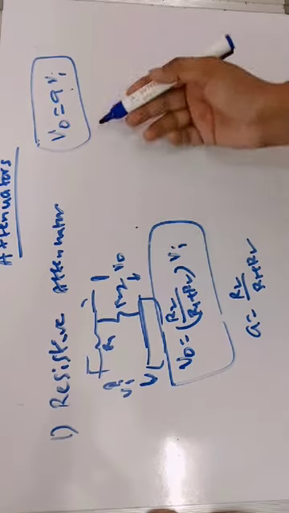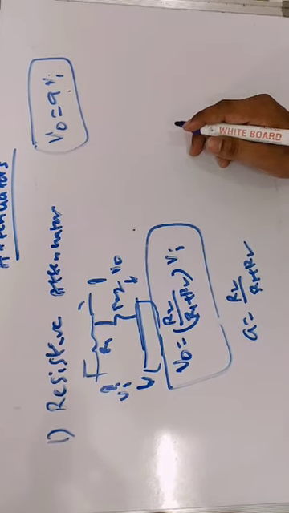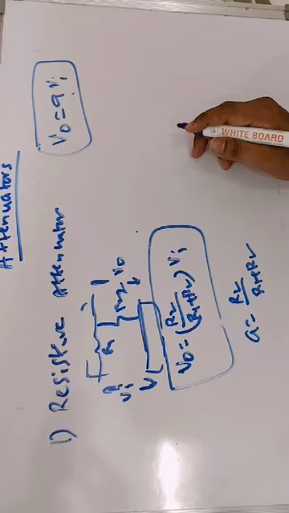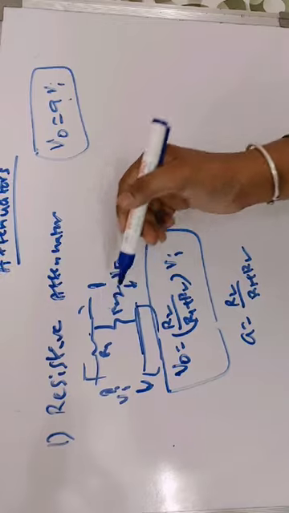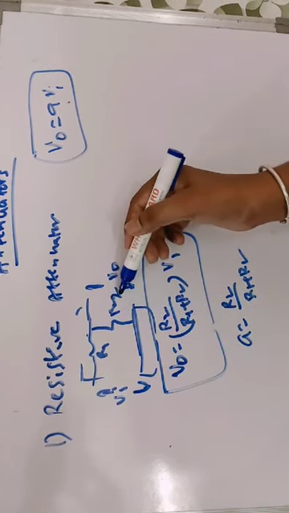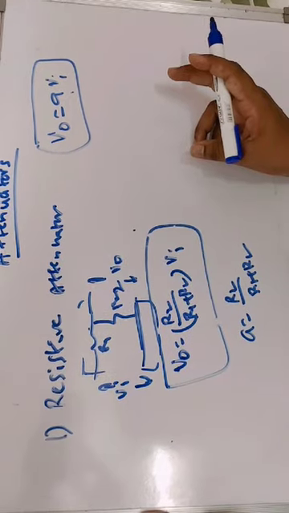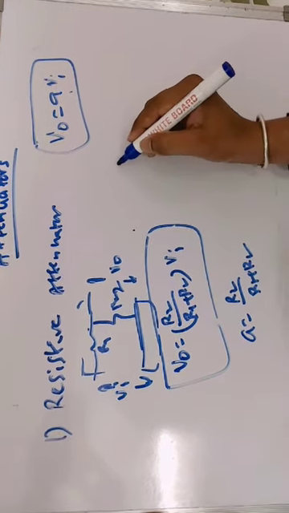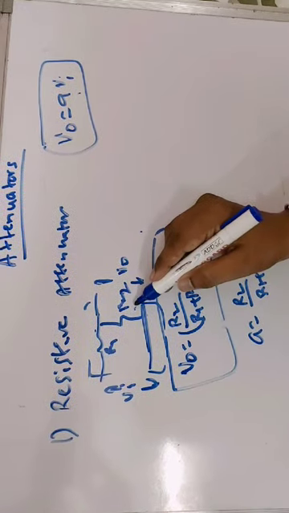This is an ideal way of representing an attenuator, but practically there is a possibility of stray capacitance existing between electrical components. Because of their potential difference, there is always a possibility of this stray or parasitic capacitance. That parasitic capacitance is represented in parallel with the shunt resistor R2.